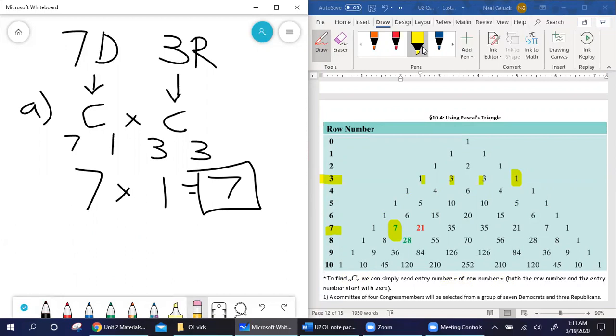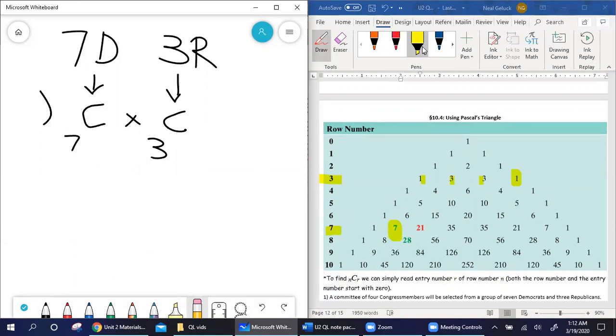For part B, I'm going to leave the first number the same because I'm still picking from the same group. But for part B, it's going to be 2 Democrats, which means if it's a committee of 4, I'm going to be picking 2 Republicans.